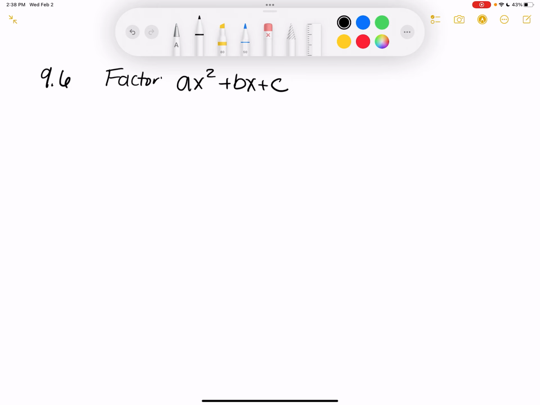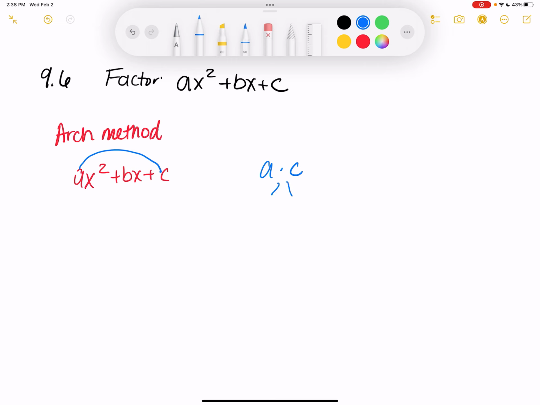So basically we have what they call the arch method. That's what I'm going to use to do these. Okay, so when you have something like your ax squared plus bx plus c, then you're multiplying a times c, and so then you're taking whatever that is and you're breaking it down to find the factors that add up to give you the middle number.